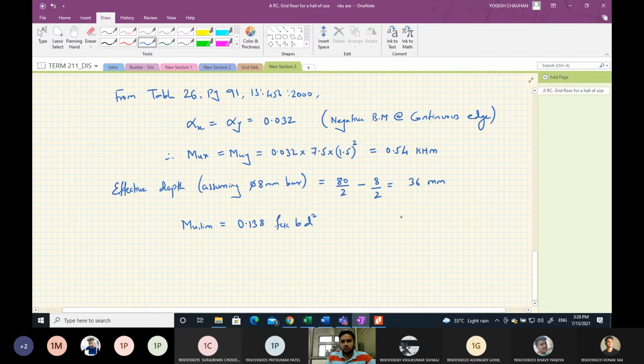Or instead of this, you can directly use d equals under root of Mu limit divided by 0.138 fck b. So whatever depth you get, that is d required. If the provided effective depth is more, then it is okay. Or otherwise, you can calculate this way also.